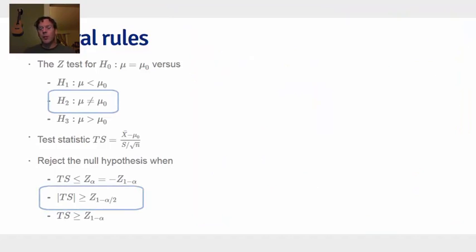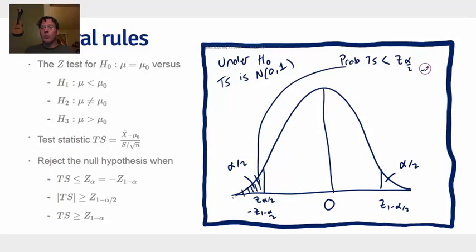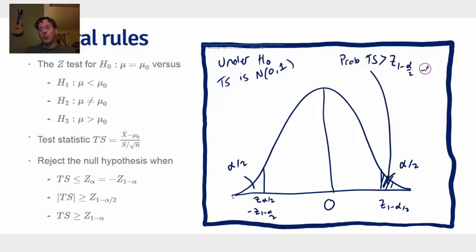In the absolute value case, we have to pick some way that we allocate some of the probability to being too large and some of the probability to being too small. If we really don't have any a priori knowledge, why don't we just put alpha over 2 in either tail? So we might want to reject if it's too large in such a way that the chance of that happening under the null hypothesis is 2.5%, and too small so that the chance of that happening under the null hypothesis is also 2.5%.